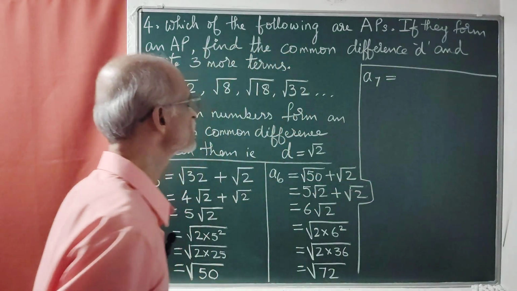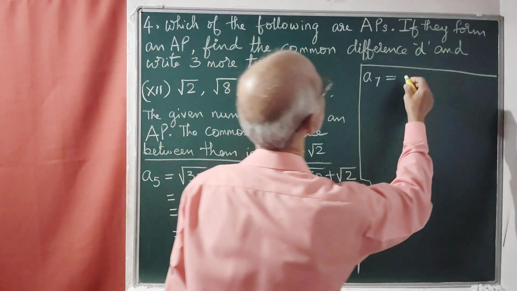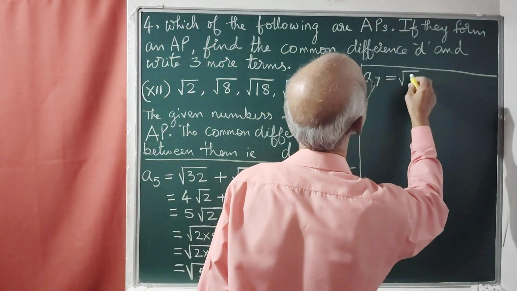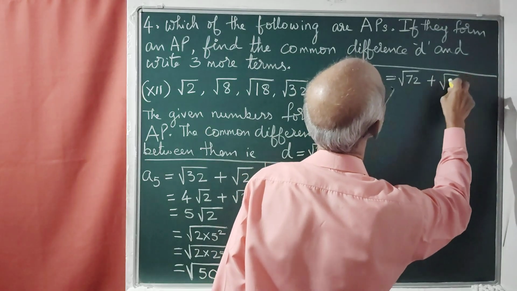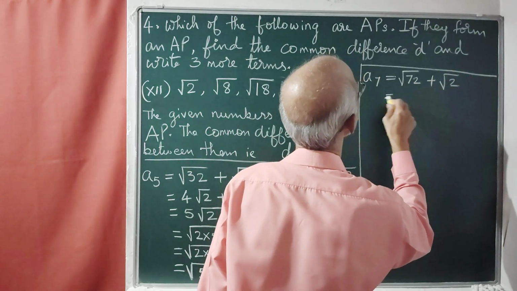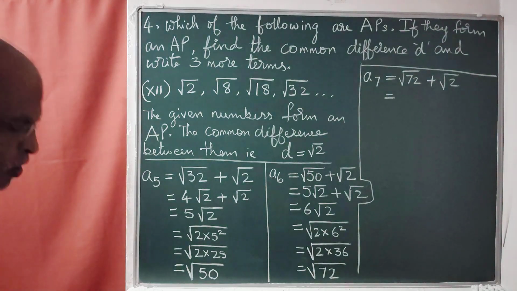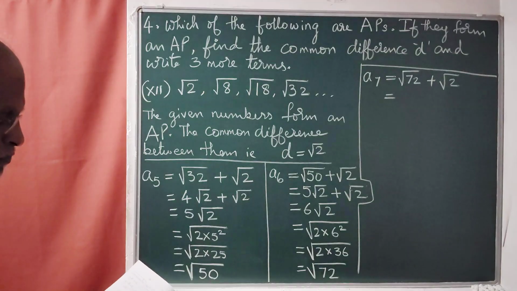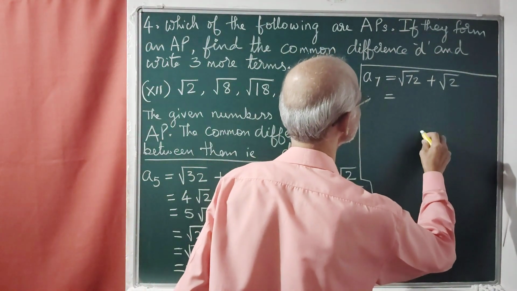To find A7, I have to add D to A6. So root 72 plus the value of D, which is root 2. To add this, I have to write root 72 in the simplest form. So now we will see how to write root 72 in the simplest form.